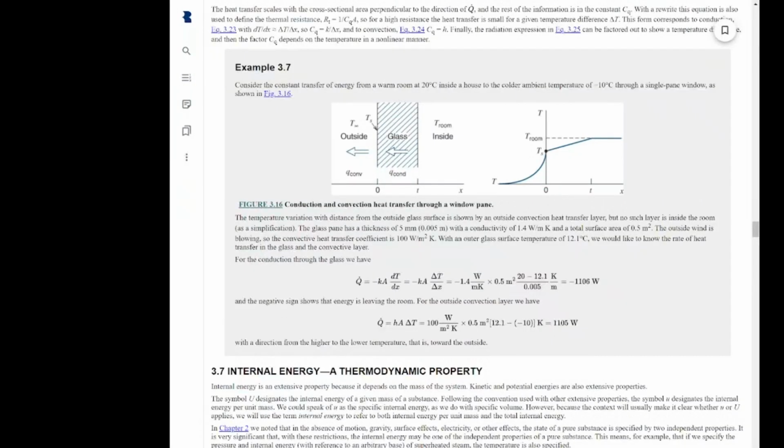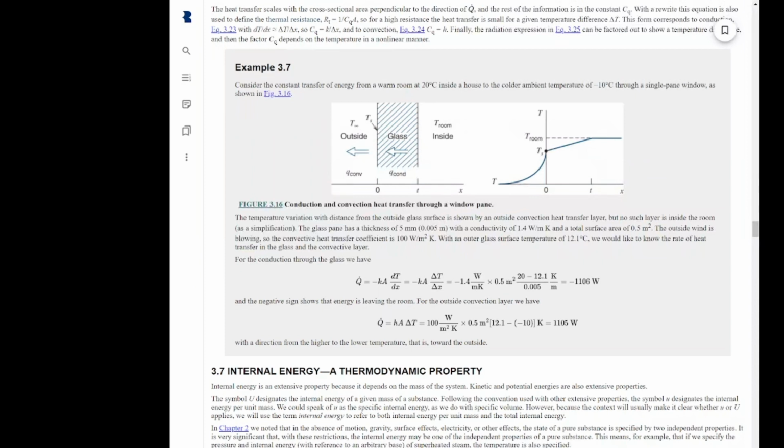Okay, so we'll take a look at an example. Consider the constant transfer of energy from a warm room, 20 degrees C, to a colder ambient temperature of minus 10 degrees C through a single pane window as shown. The glass pane has a thickness of 5 millimeters, a conductivity of 1.4 watts per meter K, and a total surface area of 0.5 meters squared.